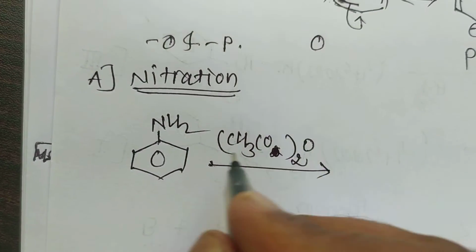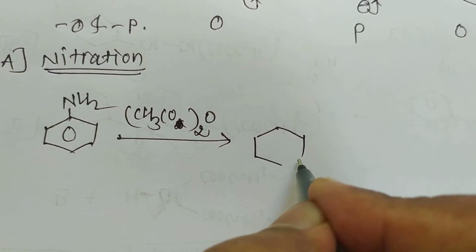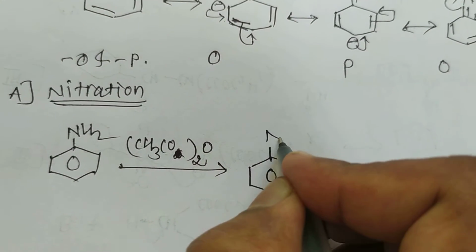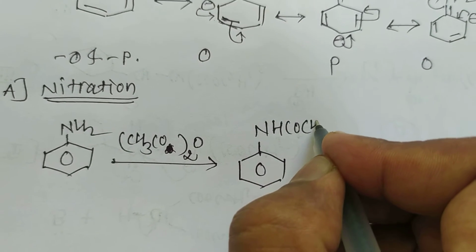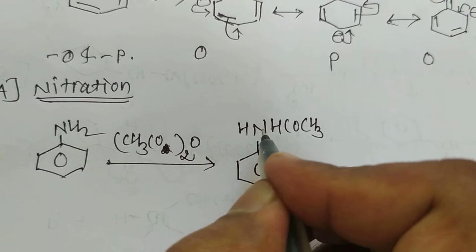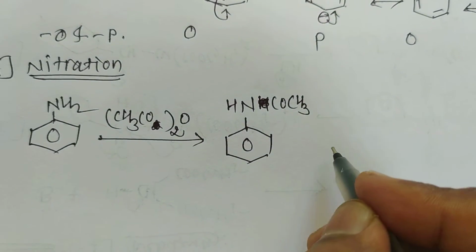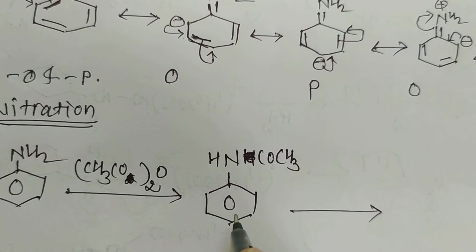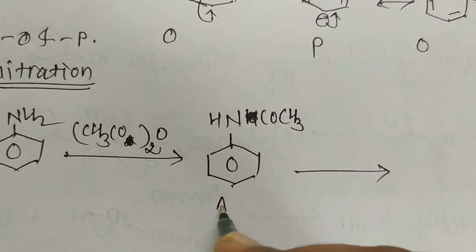When it is reacted with this acid anhydride, then the NH2 group or amino group is protected. Means one of the hydrogens is removed, and formation of NHCOCH3 takes place. After acylation of aniline we can obtain acetanilide.